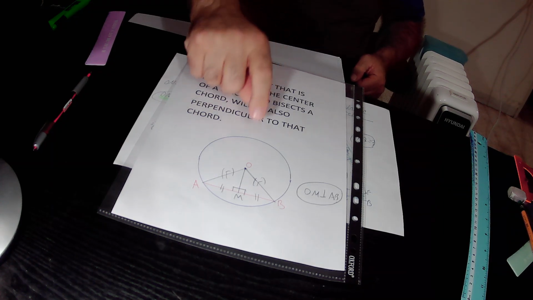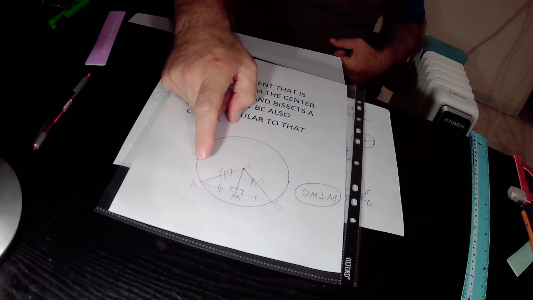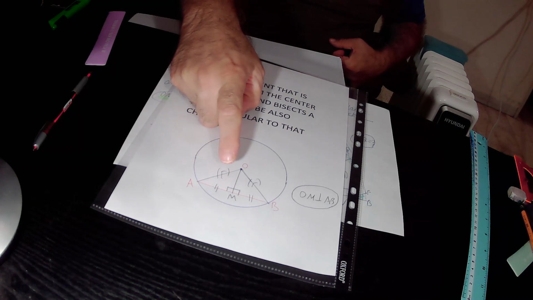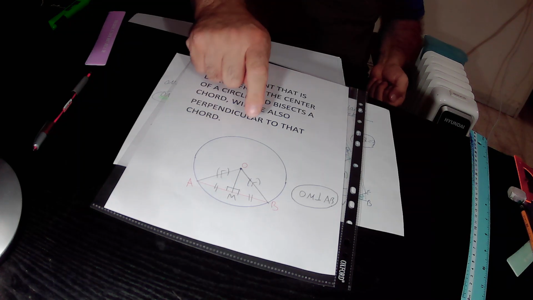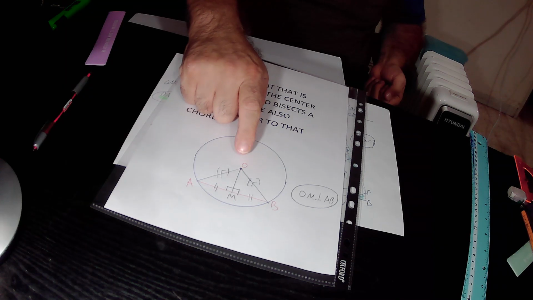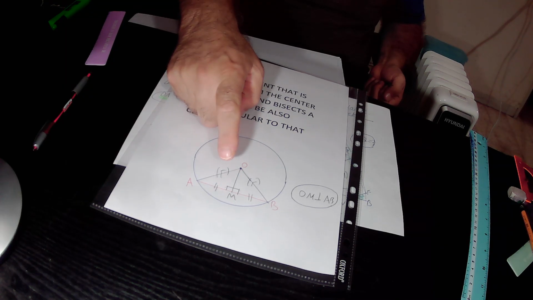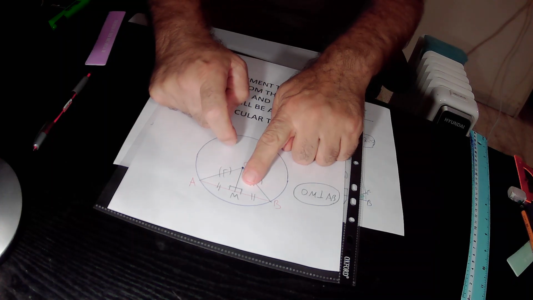Line segment OM bisects chord AB, that is to say, AM equals MB. Now you draw a line segment from the center of the circle that bisects the chord, and it will also be perpendicular to that chord. So line segment OM is also perpendicular to AB. That is to say, this angle equals 90 degrees, and this angle also equals 90 degrees.